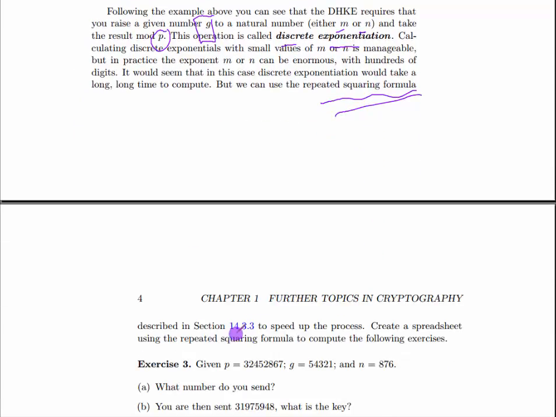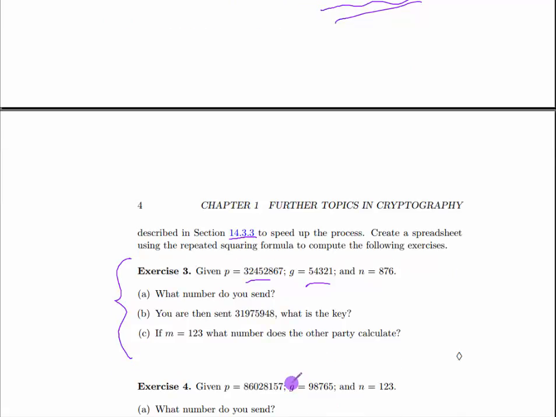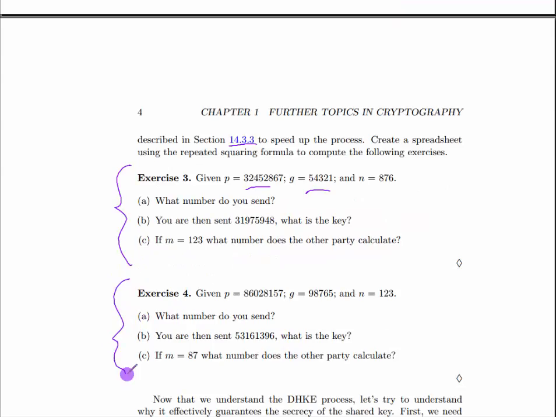It's in this section 14.3.3. You can go back there and see. And that makes it relatively easy to compute a number to huge exponentials mod a certain integer. So here's an exercise to do this with large numbers, and you can see in that case how things work with large numbers the same way they work with small numbers. Okay, so here's another example with large numbers.